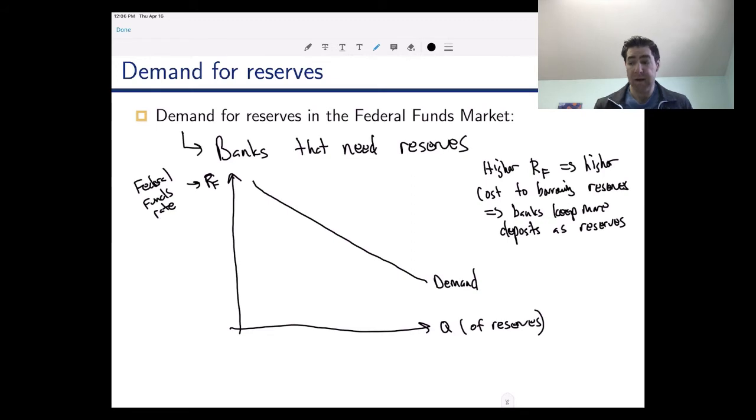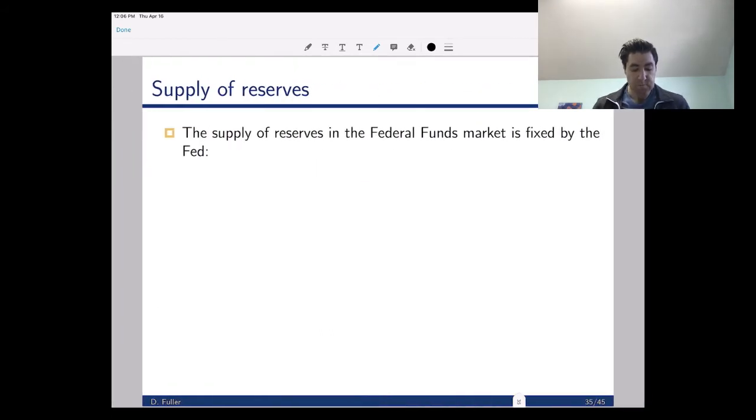So that is the demand for reserves, a decreasing function of the federal funds rate, the interest rate, or the cost of borrowing. Now, supply of reserves is ultimately going to be fixed by the Federal Reserve Bank, and we'll see how that works. So you may say, well, banks have different supplies of reserves, excess reserves, etc. But ultimately, the Federal Reserve Bank is going to be able to control that. And so we're going to write the supply very simply.